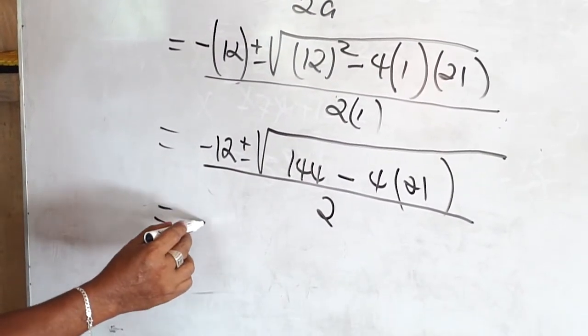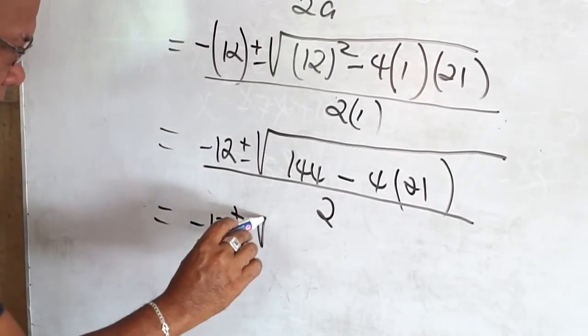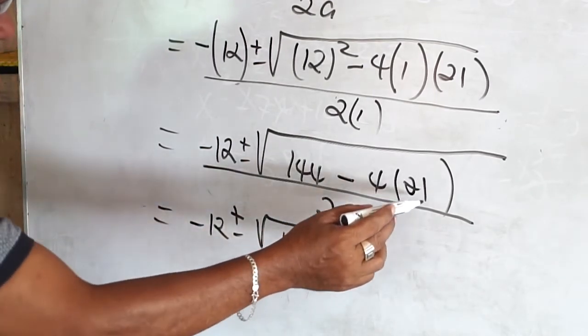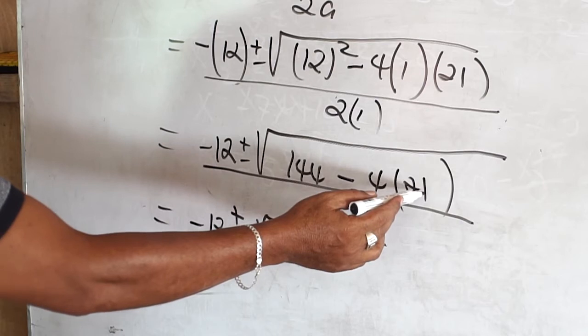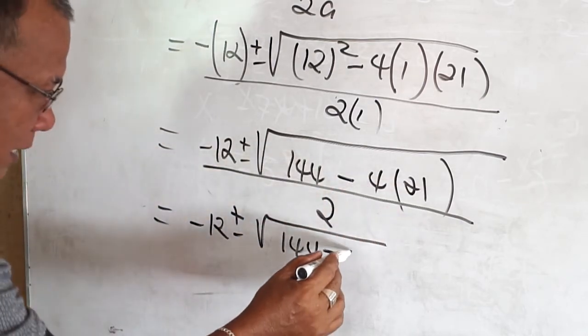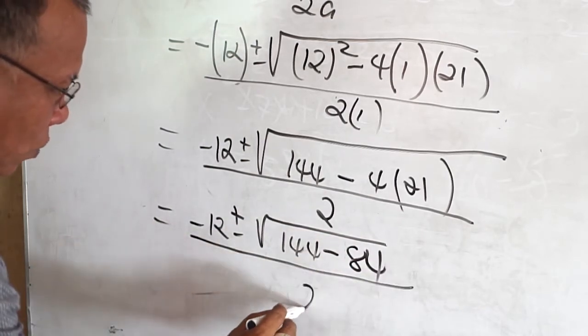Okay, so we have negative 12, positive and negative, the square root of, we have 144. Okay, multiply. Positive 21, multiply it by negative 4. The result is negative 84. Then over 2.